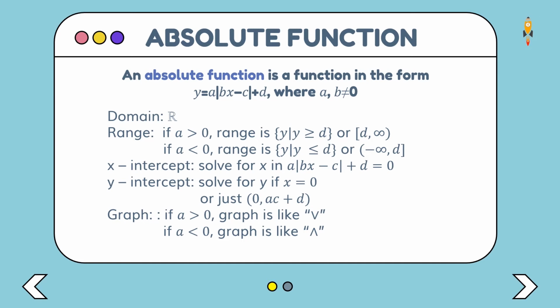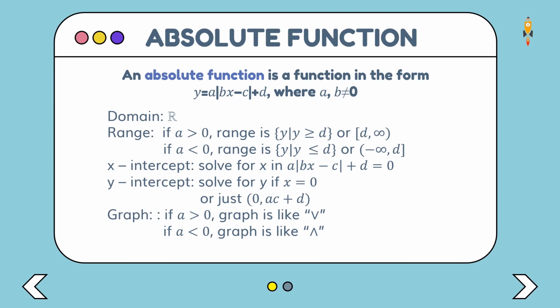The domain is R. Range. If a is greater than 0, range is the set of all values of y such that y is greater than or equal to d, or d to positive infinity. And if a is less than 0, range is the set of all values of y such that y is less than or equal to d, or negative infinity to d.